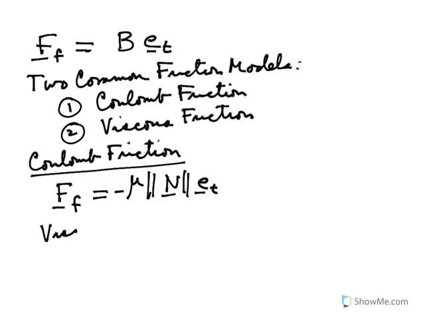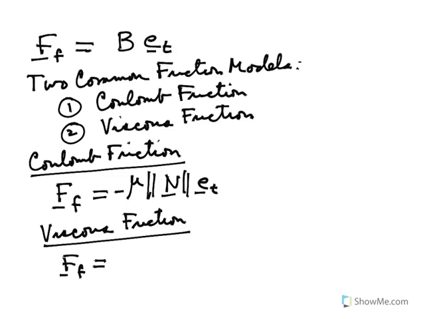Let's write down the viscous friction model first. The viscous friction model has the following form. It's similar to what was done for a surface. It's minus c times the velocity as viewed by an observer fixed to the curve. But now let's look over here.